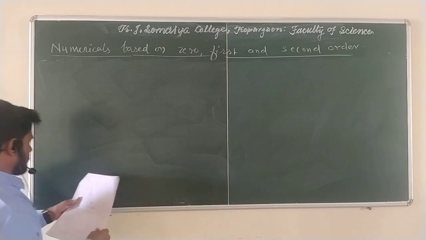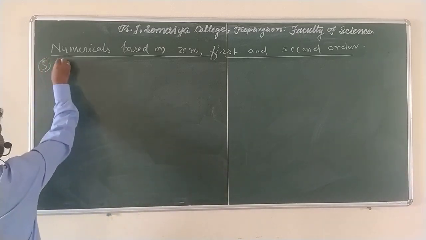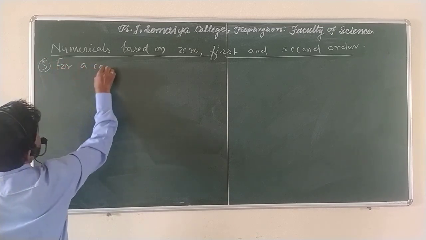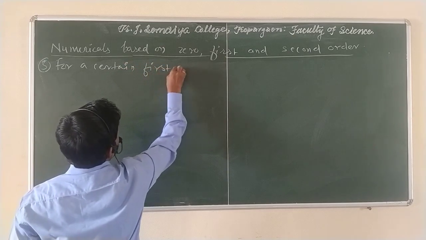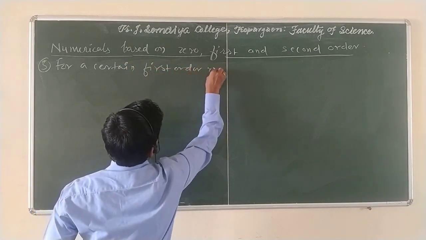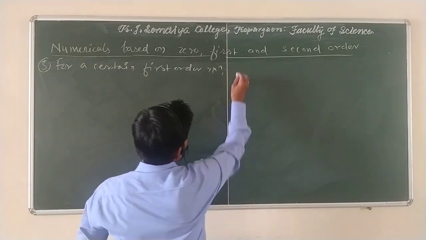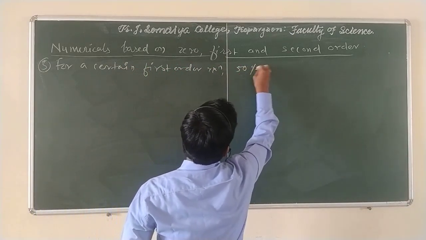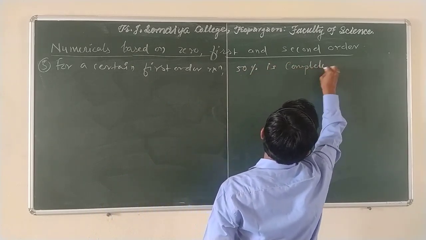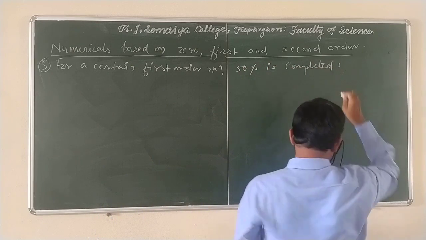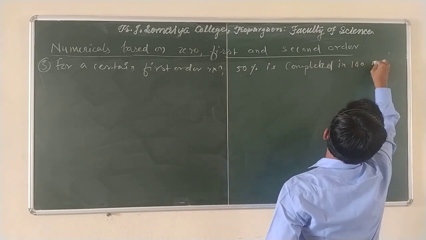For a certain first order reaction, same problem again. For a certain first order reaction, 50% of the reaction is completed in 100 minutes.